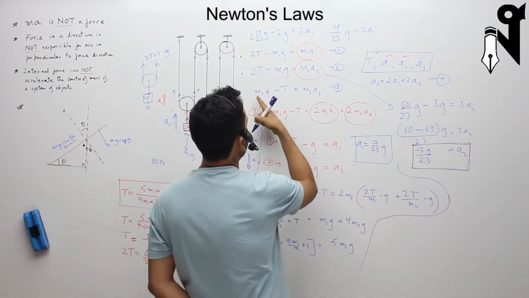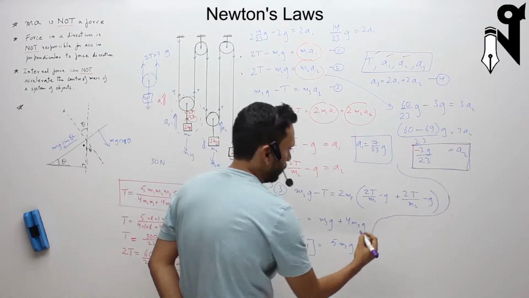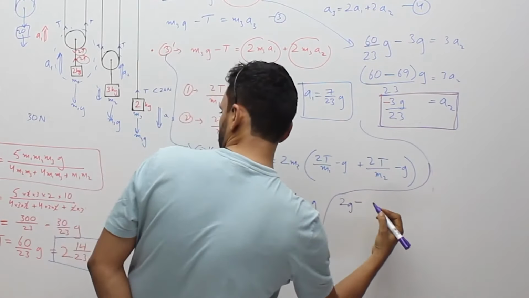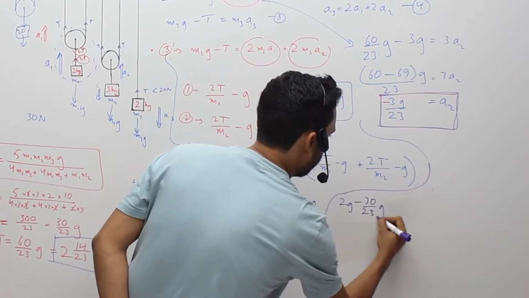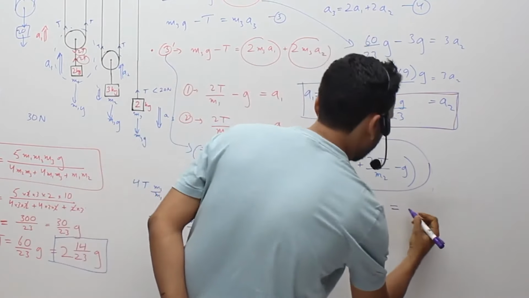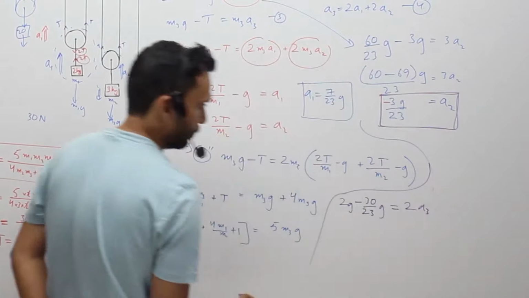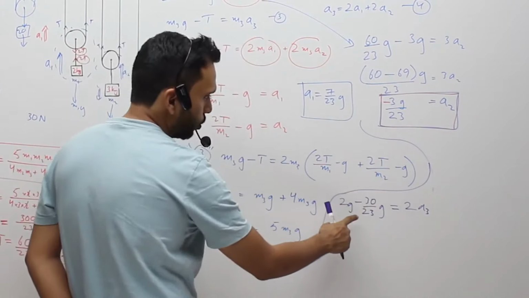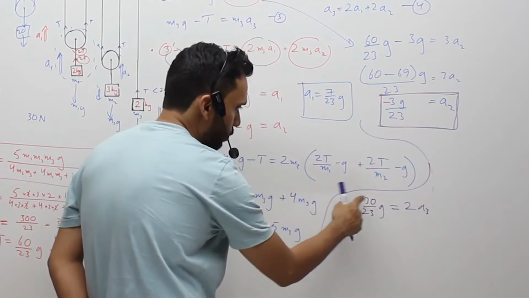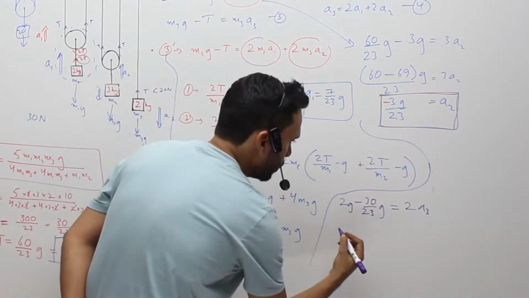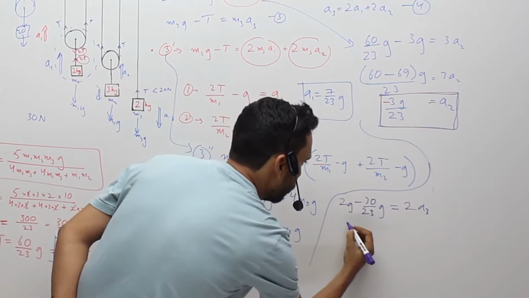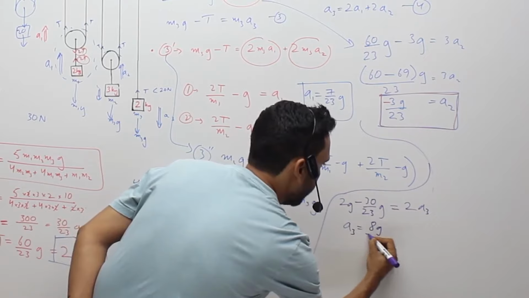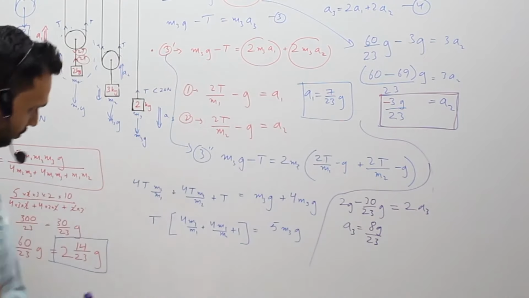So we have M3G minus T. M3 was 2, so 2G minus T, and T was equal to 30 by 23 G, gives you twice A3. So we have 2 minus 30 by 23, which gives you 46 minus 30, which is 16, divided by 2, which will be 8. So A3 will come as 8G by 23.